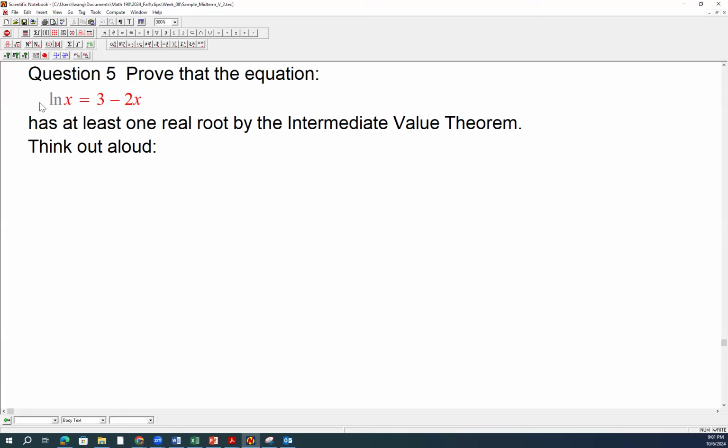Because of the situation in this particular function, for this equation to be true, the big domain is x has to be greater than 0. So you cannot choose negative numbers. Okay. So there's at least one root.